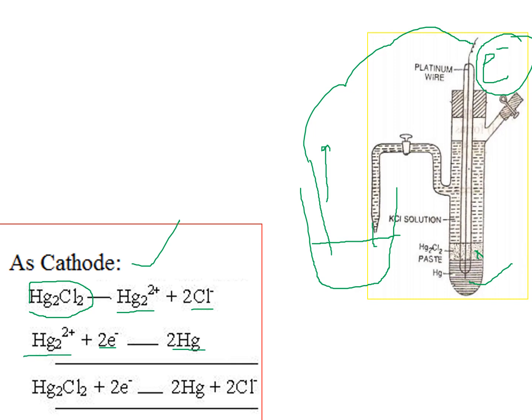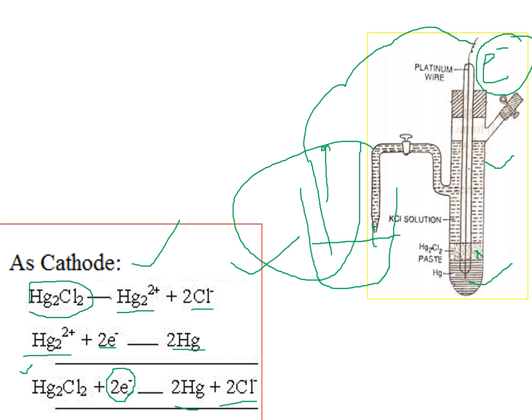If you write the overall reaction, Hg2Cl2 plus 2 electrons gives 2Hg plus 2Cl minus ions. So here consumption of electrons is there. This is nothing but reduction. Reduction happening means it is acting as a cathode. So whenever you connect with an anode, it acts as a cathode. When it is connected with a cathode, it acts as an anode.